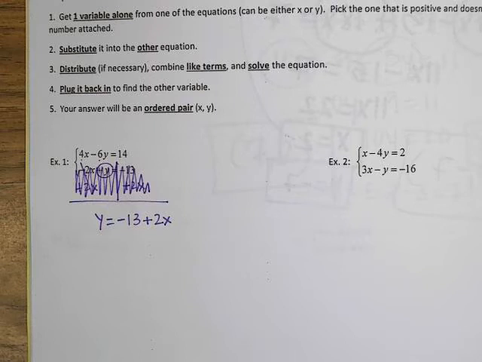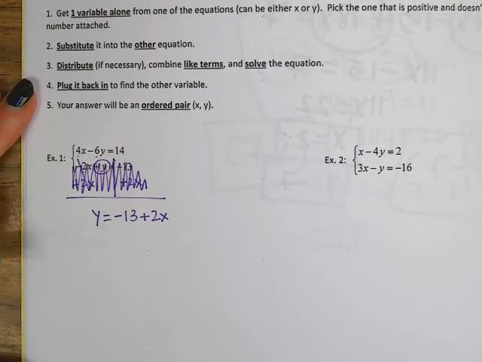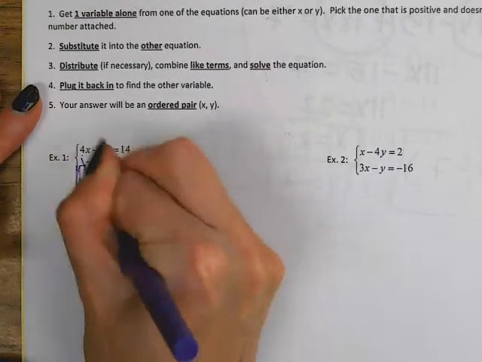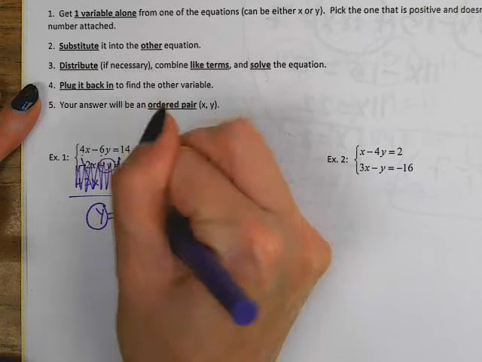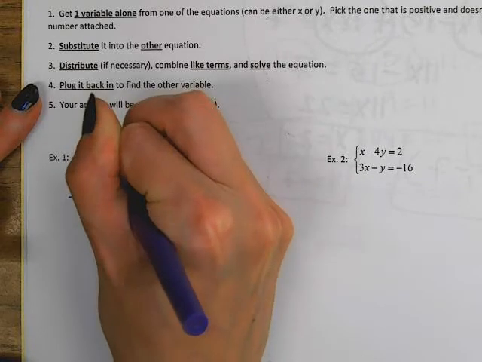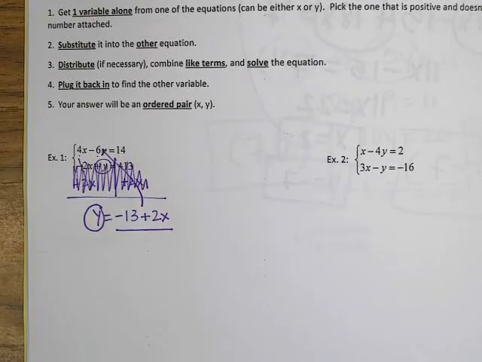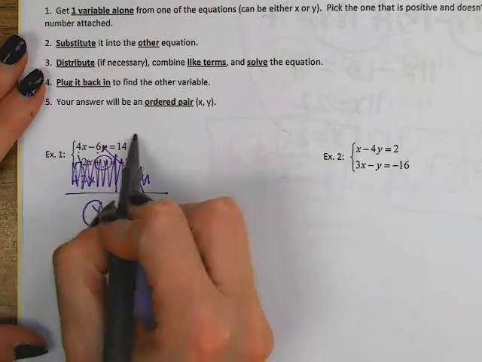Okay, so now guys, it's just what we did the other day. If y is negative 13 plus 2x, then we're going to plug this in for y in the other equation. So I'm going to rewrite this guy.